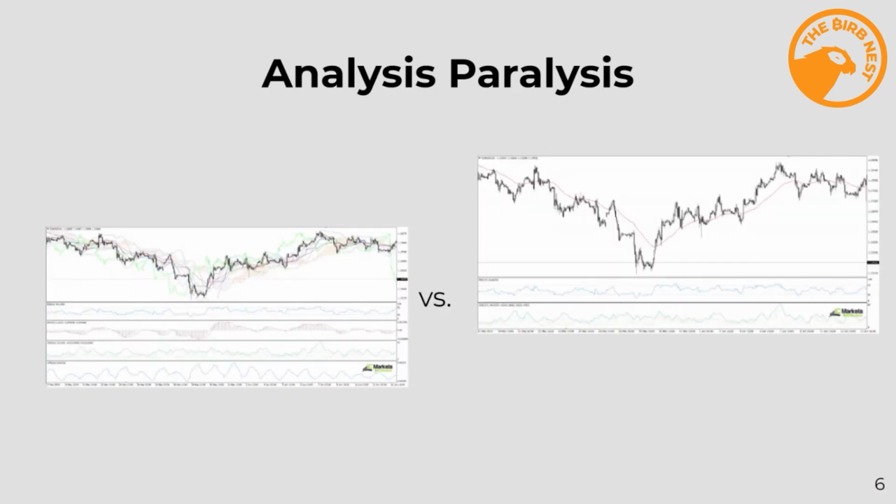So take, for example, this chart on the left: you have so many indicators being piled on the chart. Does that not overwhelm you? It does overwhelm me. But if you look at the chart on the right, it's a lot cleaner. We are using MAs and RSI here, and it's just keeping it simple.